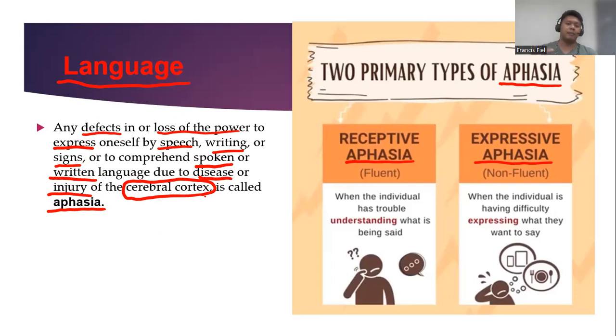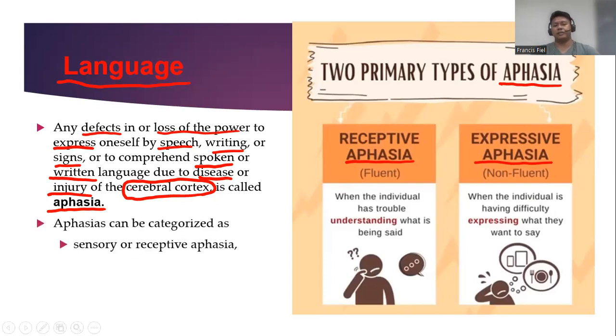So hindi niya ma-decipher, hindi niya ma-process yung mga bagay na yon. Alright? So we have two types or two categories of aphasia. We have sensory or receptive aphasia, and then we have motor or expressive aphasia.